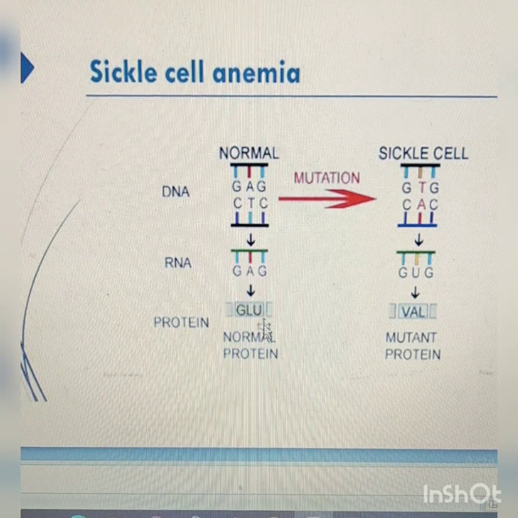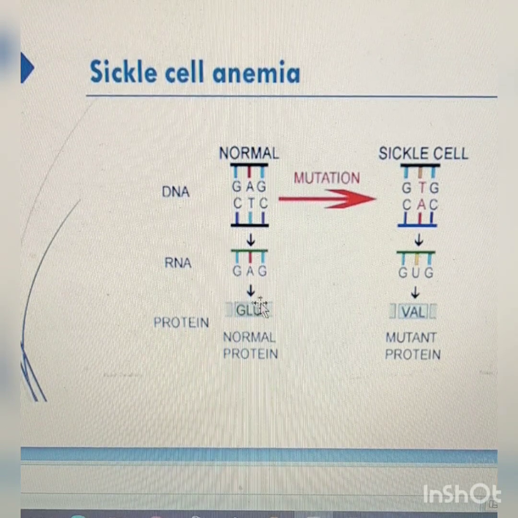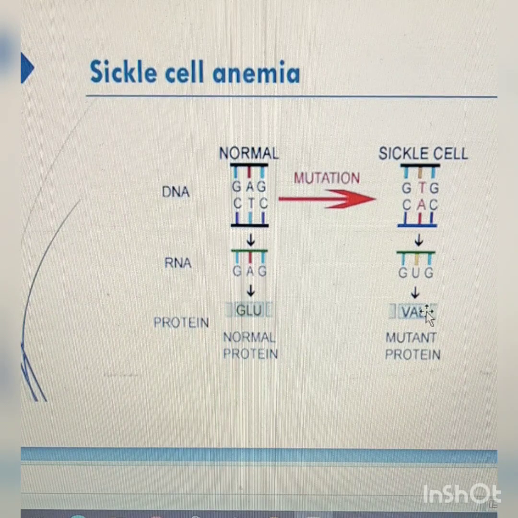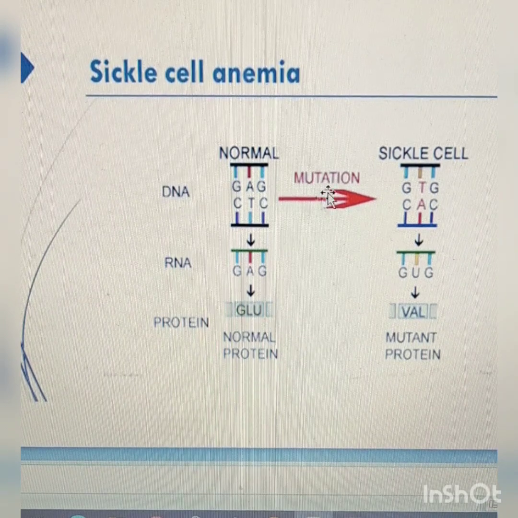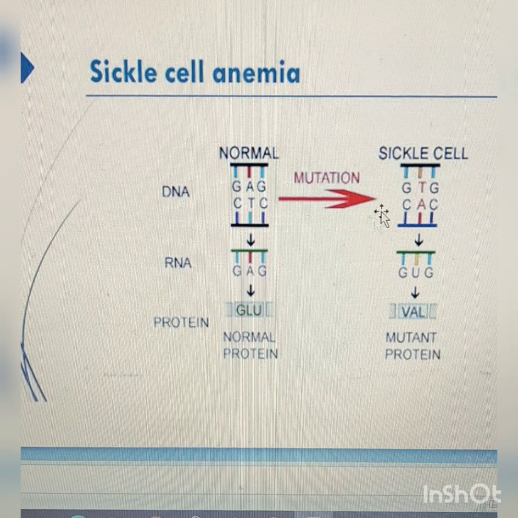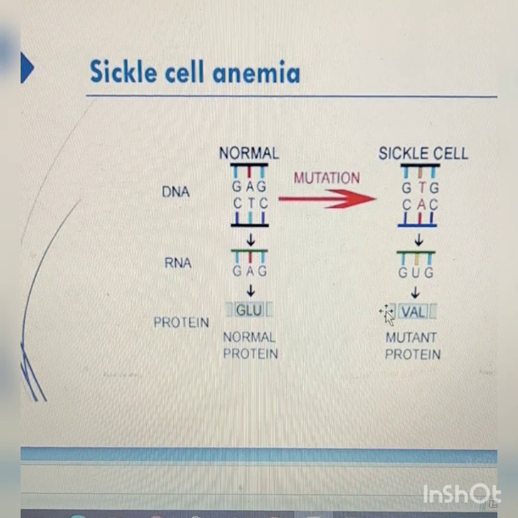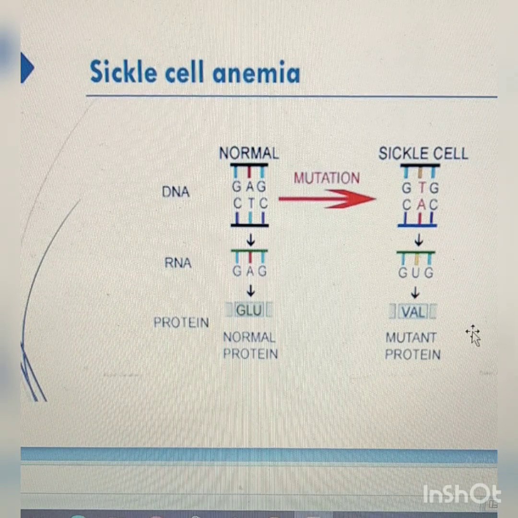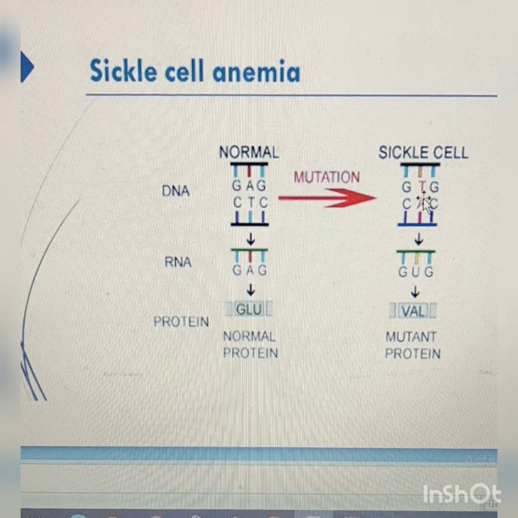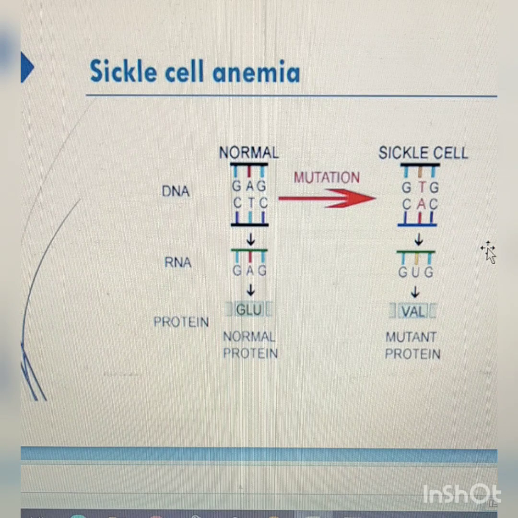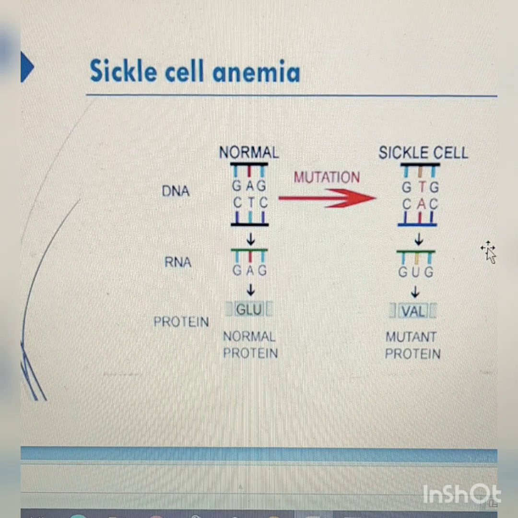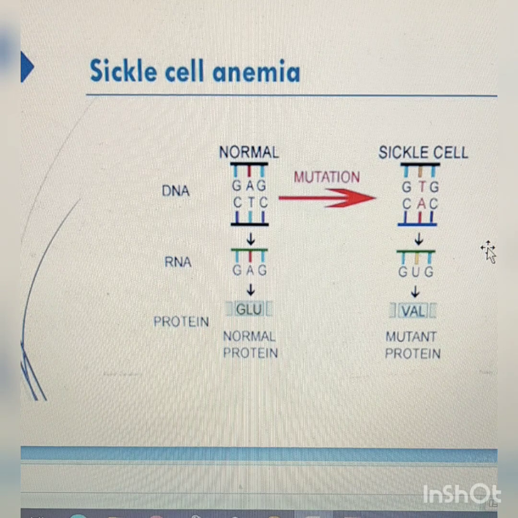So, normally the normal protein is produced, but after the mutation, sickle cell anemia appears and the mutant protein is produced through a point mutation. This is a memory fact, not more than that.